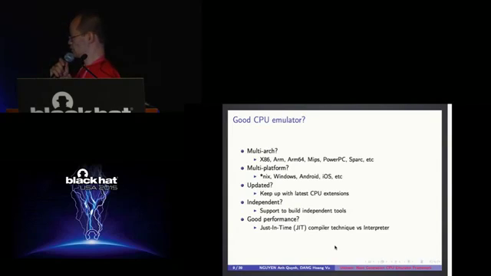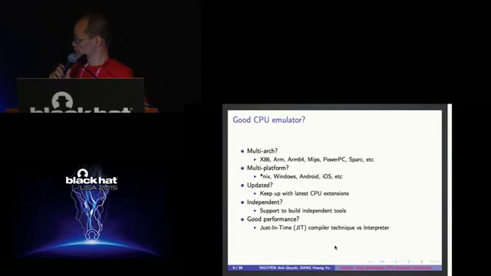Third, which is very important, it should be updated, because CPU vendors keep adding new instructions all the time. Like Intel, they add new CPU extensions every year. So a good emulator should keep updated so it supports even the latest instructions.